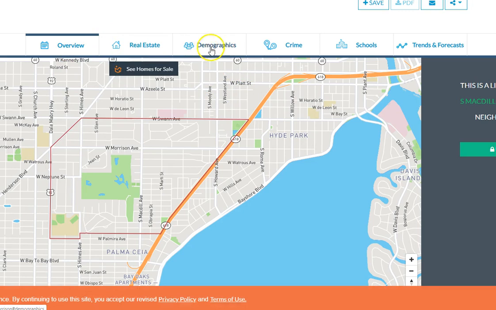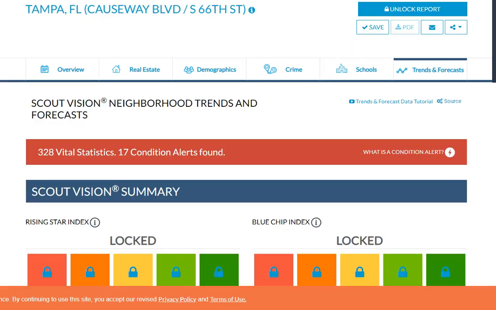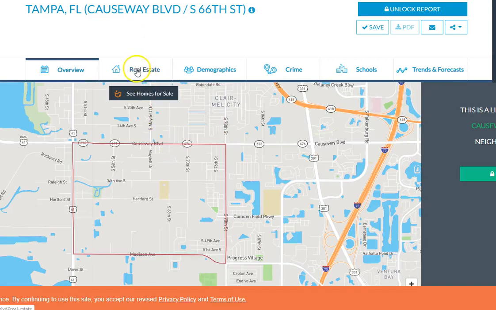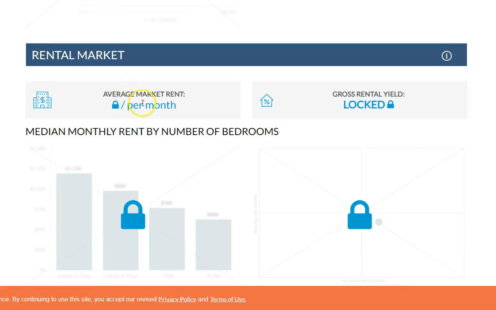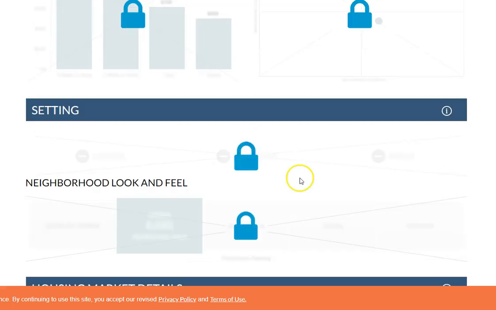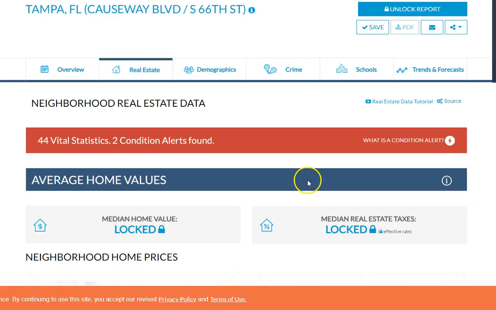So it has overview, real estate demographics, crime, schools, and trends and forecast. An example of what I have here is one that I had unlocked, but I have the PDF saved, so I could show that to you when it shows everything. But basically, your essential overview, the real estate, kind of what's going on, real estate taxes, gives you your monthly rental rates and different things like that.